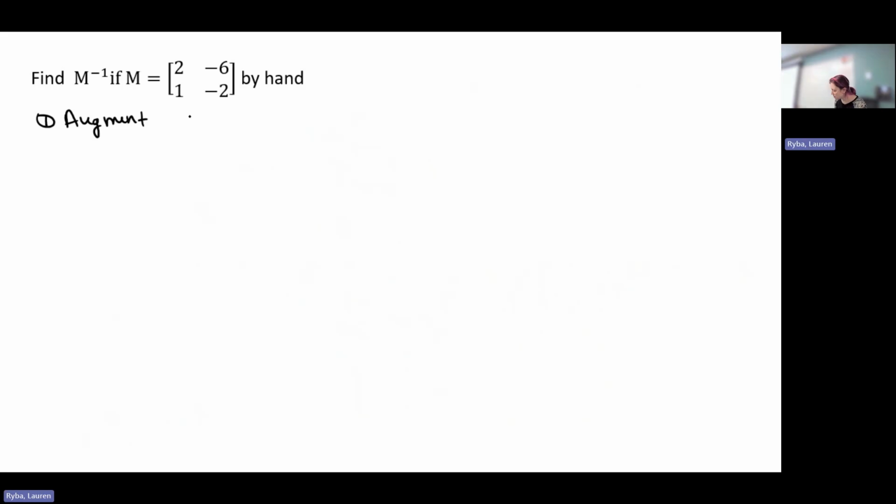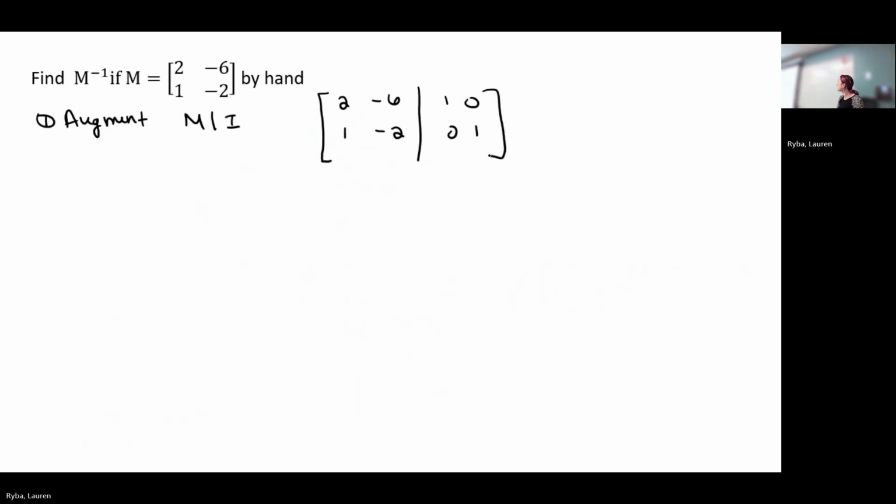Augment your given matrix with your identity matrix. So I'm going to take 2, -6, 1, -2. Augment it just means you're going to put that vertical line and then put the identity on the other side.